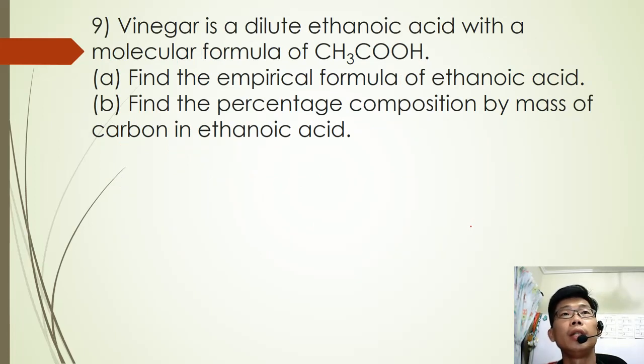Number 9, vinegar is a dilute ethanoic acid with a molecular formula of CH3COOH. Actually, we can rewrite it as C₂H4O2, because we can combine the formula like this. If we combine it like this, we can easily find the empirical formula for the ethanoic acid.